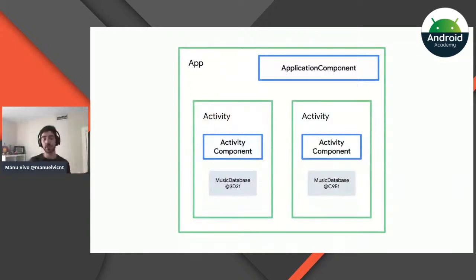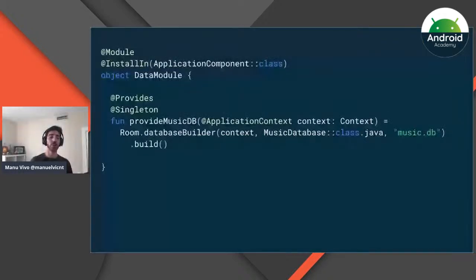And the way to tell that to Hilt, because Hilt is going to generate code to do this, is by using annotations as well. Whenever we have our information about how to provide a database, we can use annotations to tell Hilt, hey, I just want you to provide a single instance every time that you are providing this as a dependency.